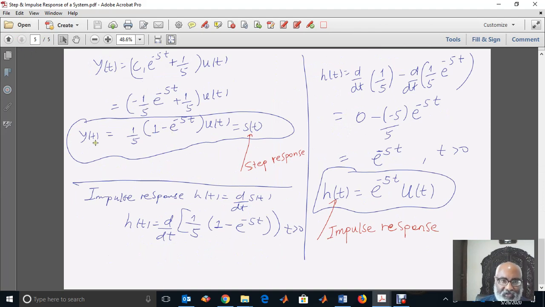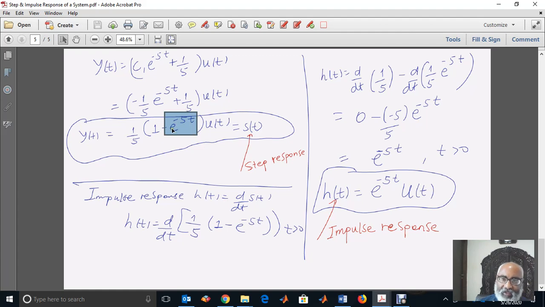If we rearrange, we have y(t) = 1/5 (1 - e^(-5t)) u(t). If you see what kind of output this is, is it a decaying or growing exponential? It will be a growing one, because this part is decaying, because of the minus 5t.